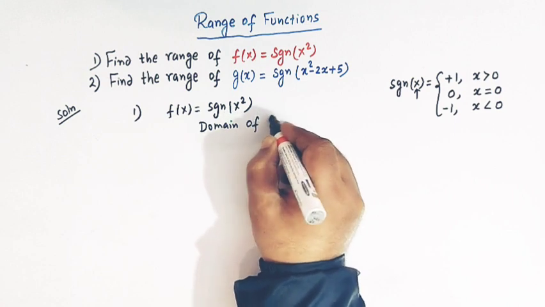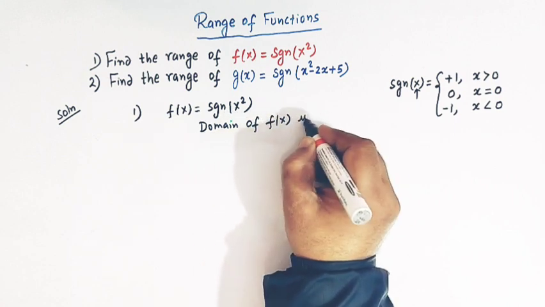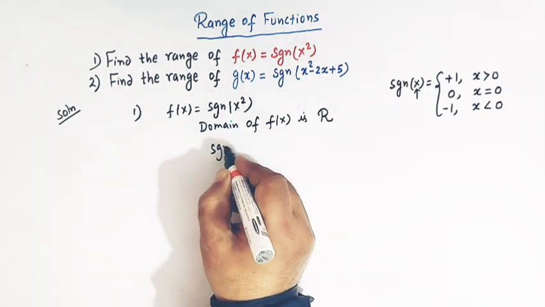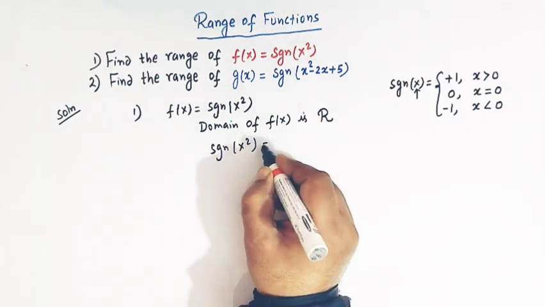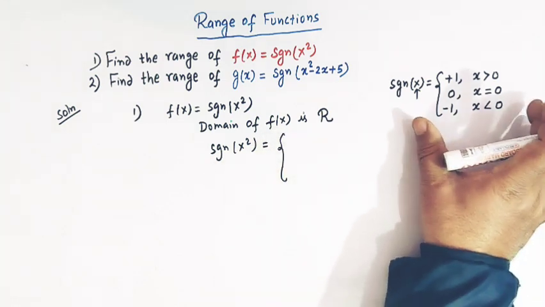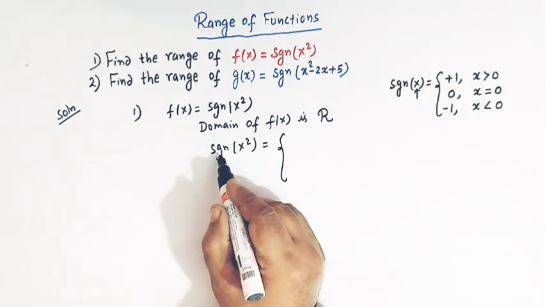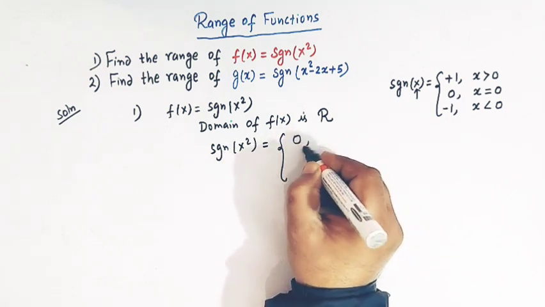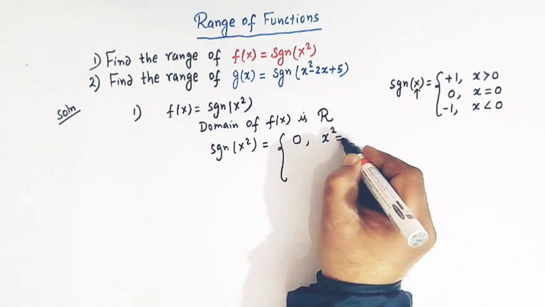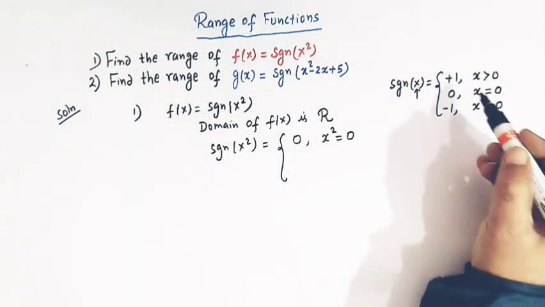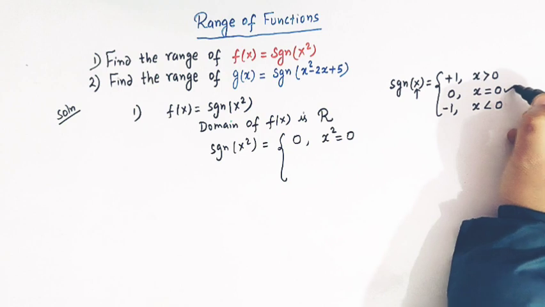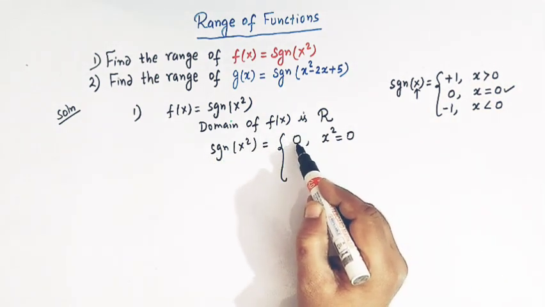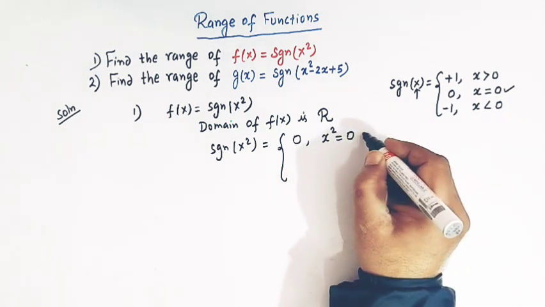Signum of x square can now be defined using this definition: it takes the value 0 whenever x square is equal to 0, so we are using this part.